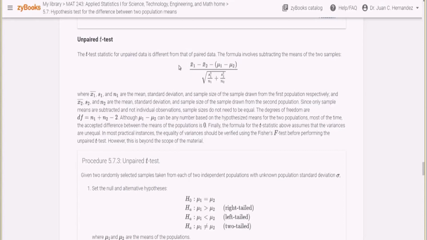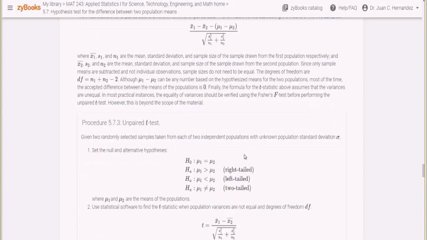This is the test statistic for the t-test. It equals x1 bar minus x2 bar minus (mu1 minus mu2). Under the null hypothesis, this will be 0, divided by the square root of the variance for the first sample, s1 square over n1, plus variance of the second sample, s2 square over n2.